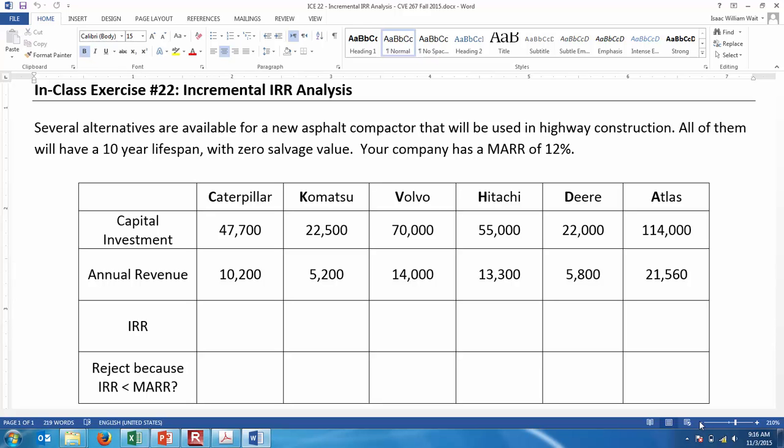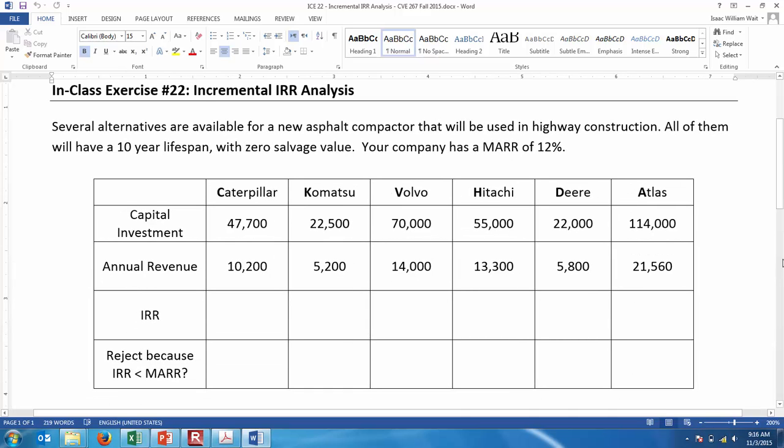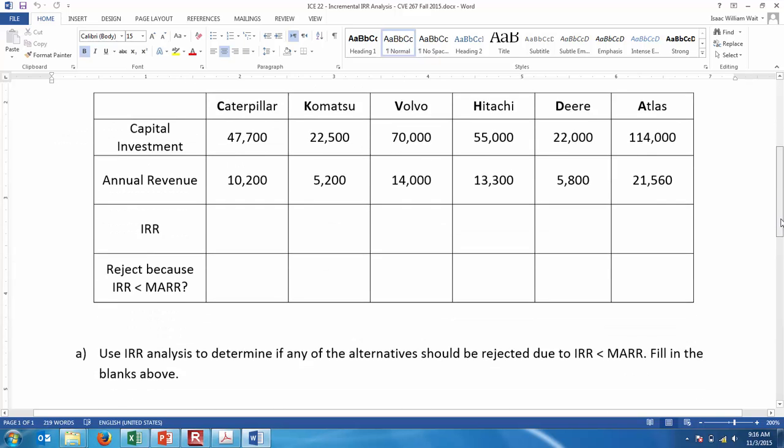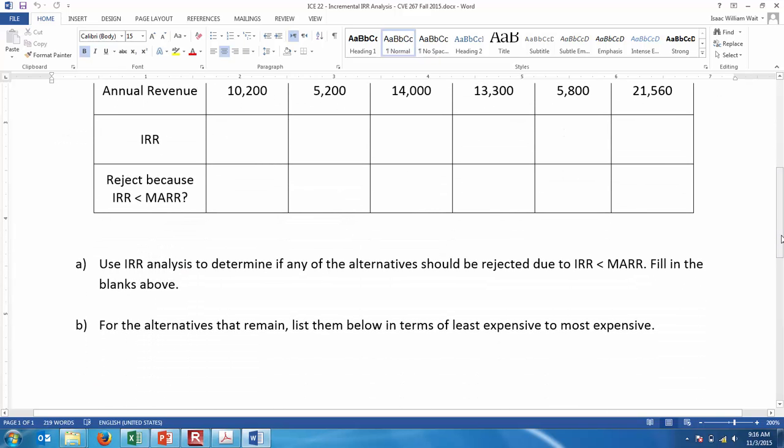And there's going to be one that you can just reject from the very beginning because you'll find the internal rate of return is less than the MAR. And then in part B, I give you the hint that you should start ordering them in terms of cheapest to most expensive. So go ahead and get started on the in-class exercise. I've got the solution, and I'll be circulating around with that if you want to check your answers.